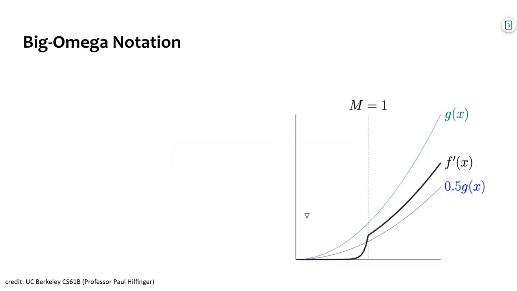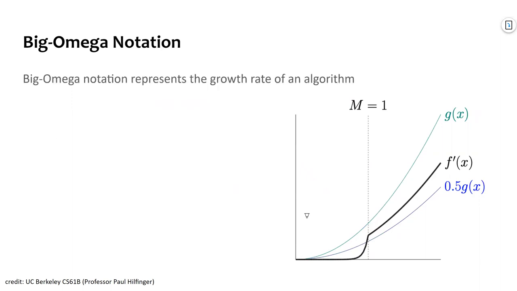And there is another notation that is called big omega notation. This is similar to big O notation. We're going to specify the bounding from below, so we're going to focus on the lower bound.